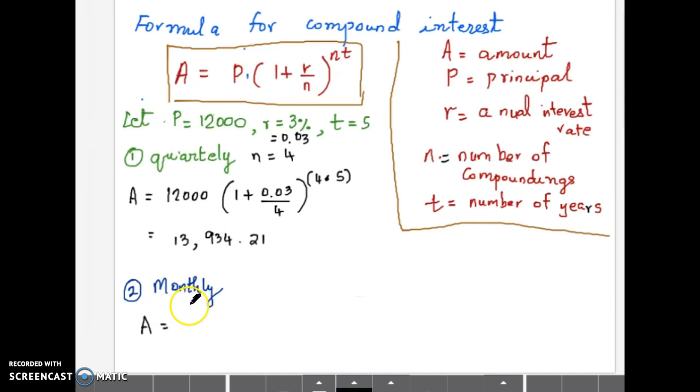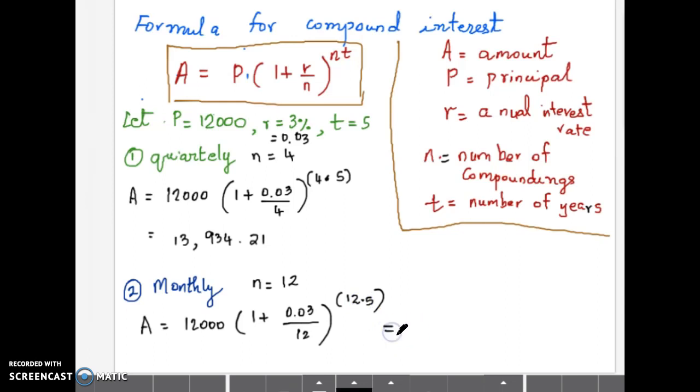Let's do question number 2. What happens if it's compounded monthly? Monthly means there are 12 months in a year, so n becomes 12 instead of 4. So you're going by the word. Quarterly means 4, monthly means 12, half yearly means 2, etc. So same thing, put it in the formula. 12,000 times 1 plus the rate is 0.03 still, but instead of 4 you're going to plug in 12, to the power of, instead of 4 you're multiplying with 12 times 5. 12 times 5.